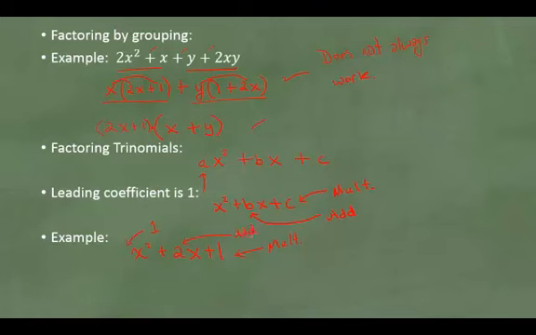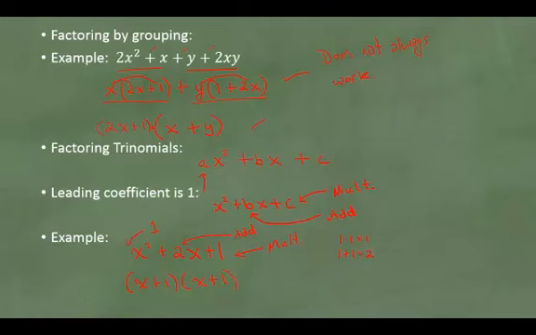Can you think of two numbers that multiply to be 1 and add to be 2? 1 and 1. 1 times 1 is 1. 1 plus 1 is 2. So those are the correct factors. This polynomial will factor into x plus 1 times x plus 1.